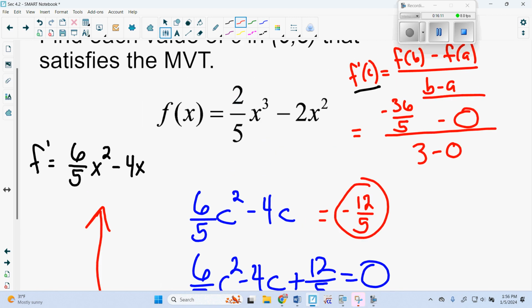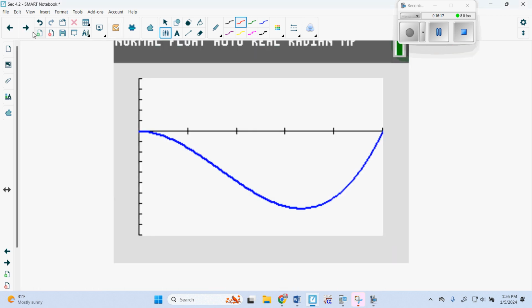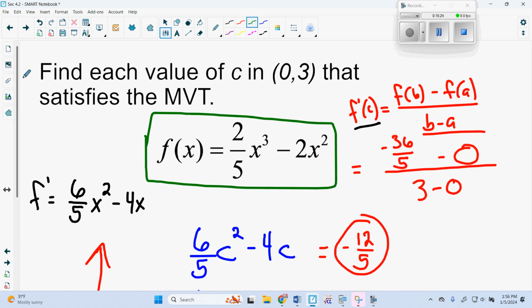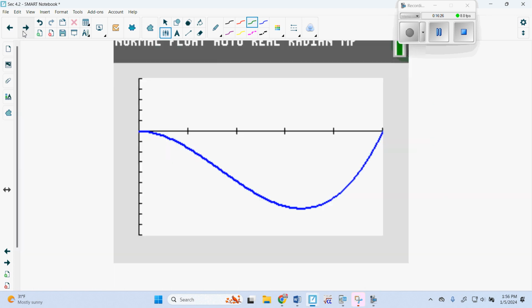Now, the mean value theorem is actually really important as we go forward. Oh, here's the graph. Let me go back to this. So here is the graph of this. And we are at 0 and 3, right there.